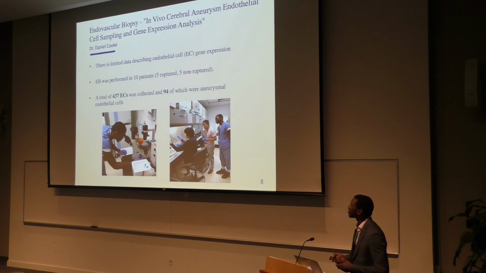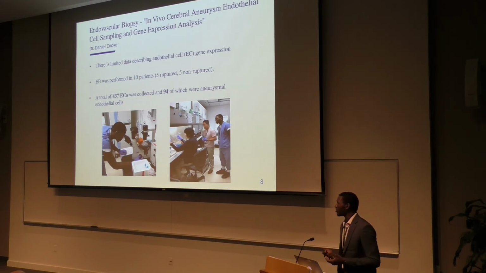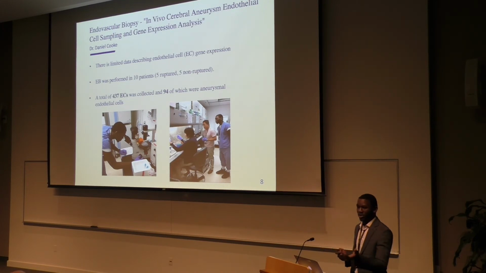Dr. Cook was actually able to perform the endovascular biopsy on a total of 10 patients. He looked at 5 ruptured aneurysms and 5 non-ruptured aneurysms. He was able to find a total of 437 endothelial cells, and out of these cells, 94 appeared to be aneurysmal cells.